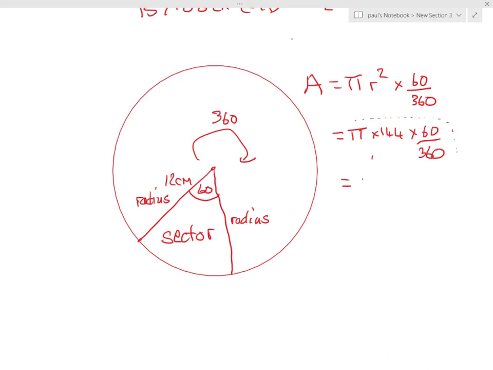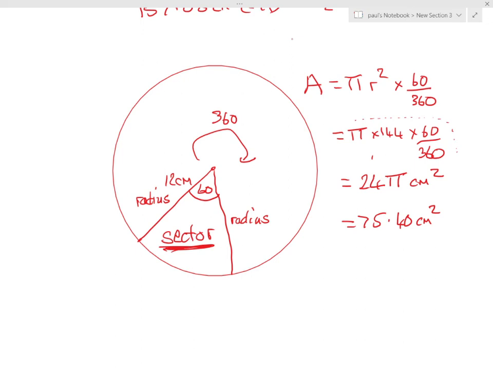Now that equals on your calculator just comes up as 24 pi, which is good, and this is centimeters squared, and 24 pi is actually 75.40 centimeters squared. So that's how to work out the area of a sector.